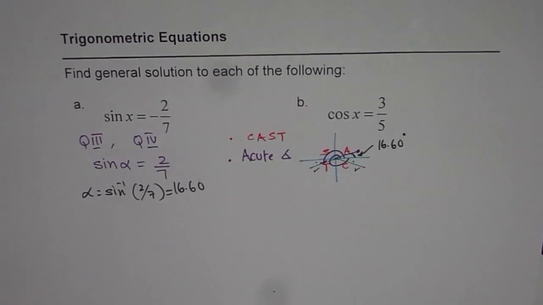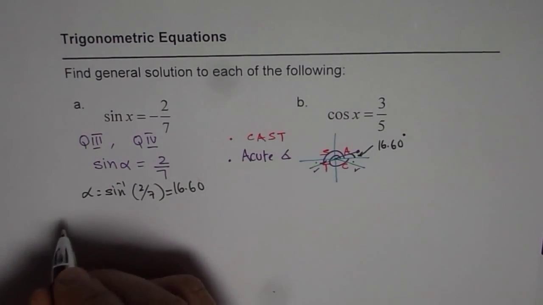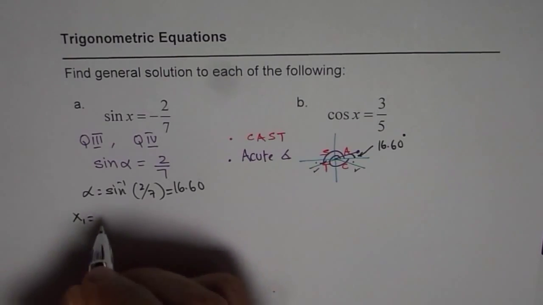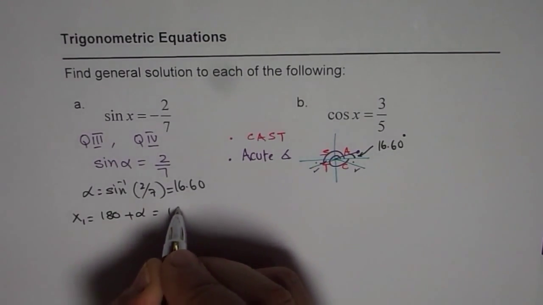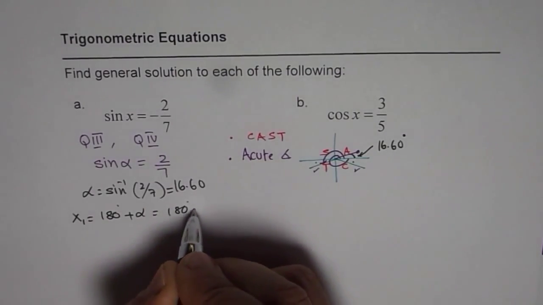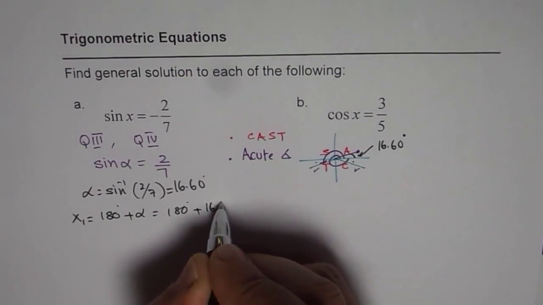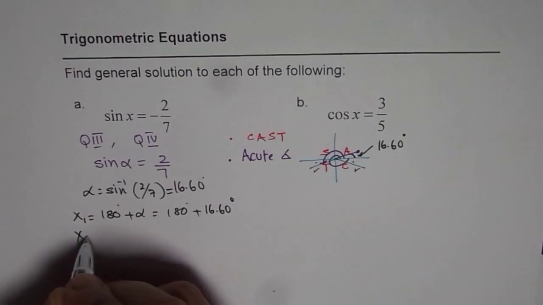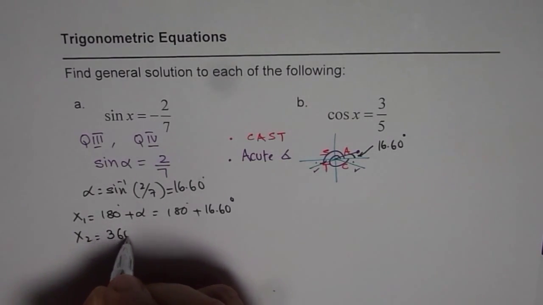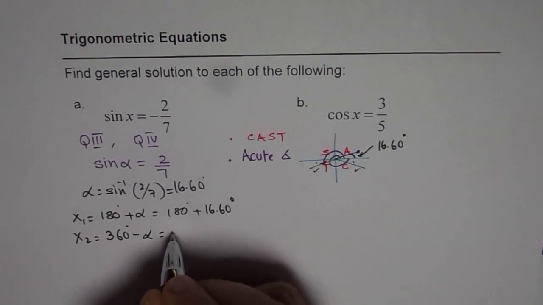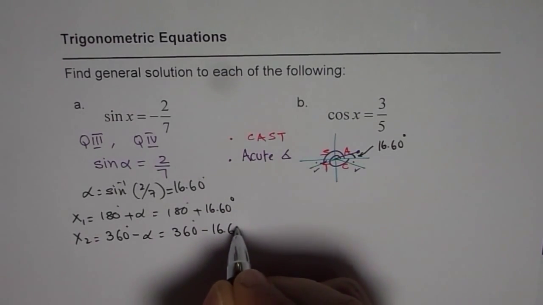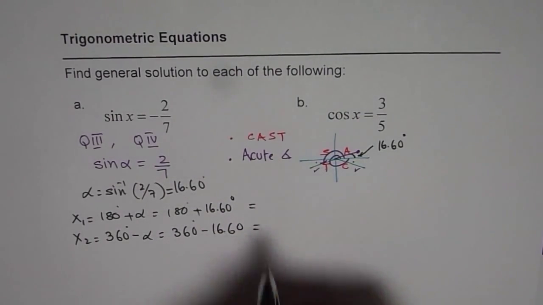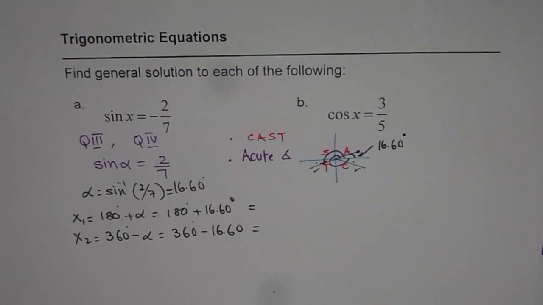So we have two different solutions here. The first one is 180 degrees plus 16.60 degrees. The other one is 360 degrees minus 16.60.